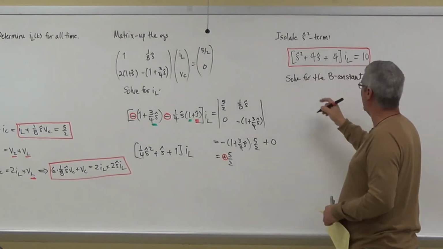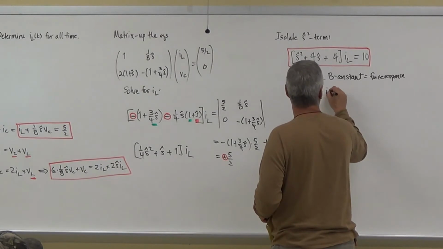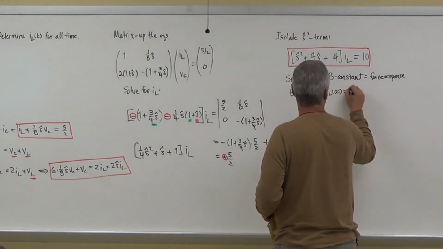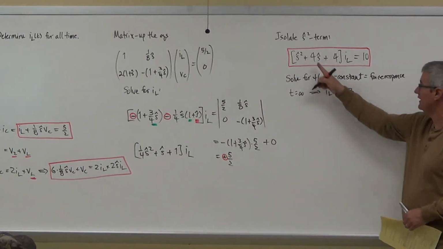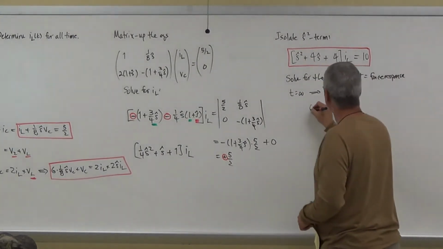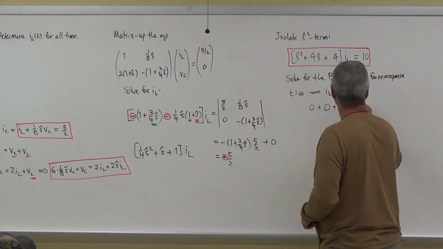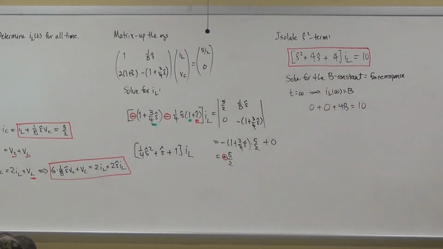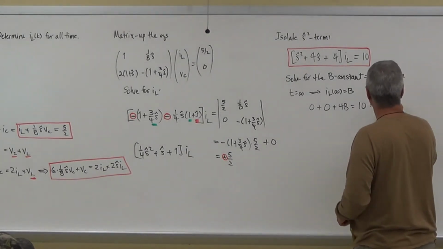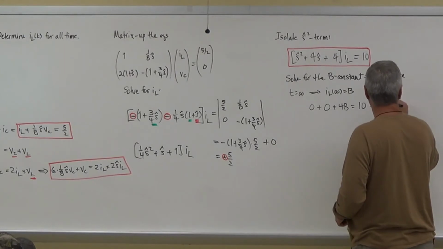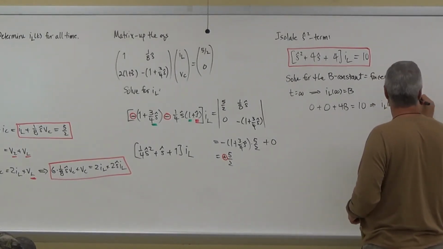At steady state, at t equal to infinity, IL should be a constant, which we call V. If I plug that in here, I get 0 plus 0 plus 4V equals 10. So that means the current of the inductor at t equal to infinity has to be 5/2.